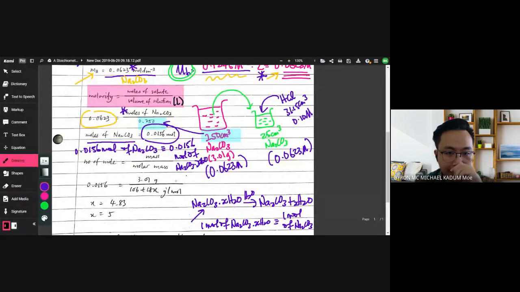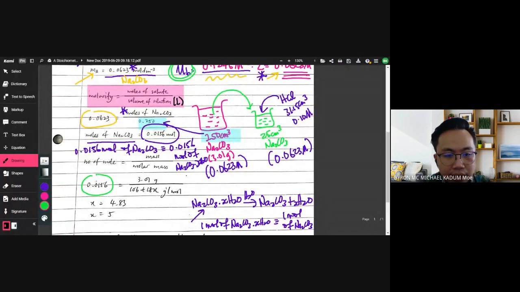So when you take this, when you get this information, 0.0156 mol of Na2CO3, kita tahu juga itu akan bagi kita information bahawa we have 0.0156 mol of Na2CO3.XH2O. That's why we can compare.